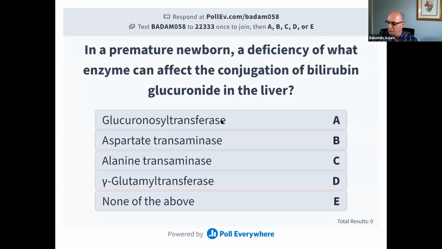Now I have a question for you guys, and we will finish with these questions. In a premature newborn, a deficiency of what enzyme can affect the conjugation of bilirubin glucuronide in the liver? The enzyme associated with conjugation of bilirubin in the liver.